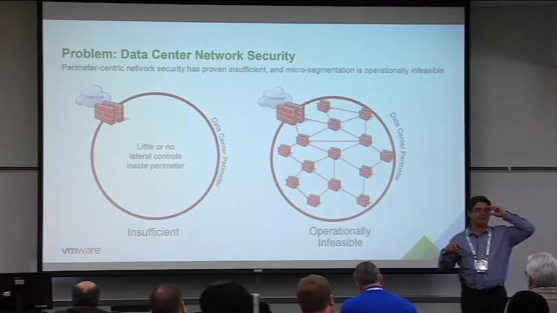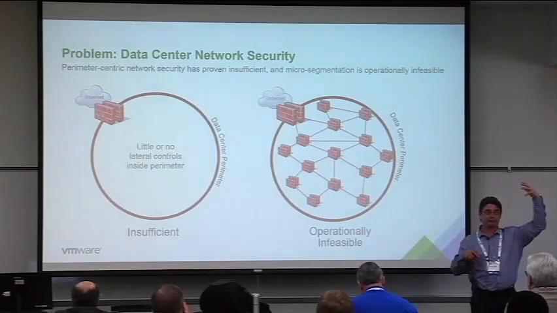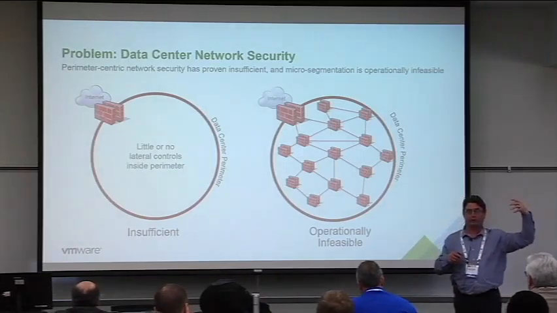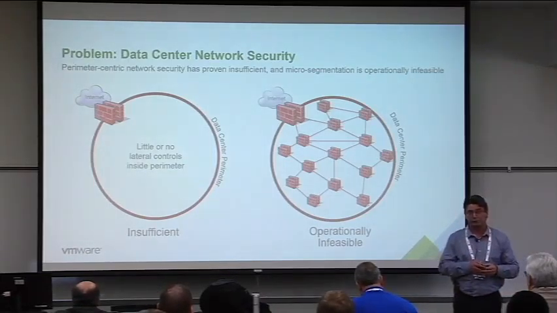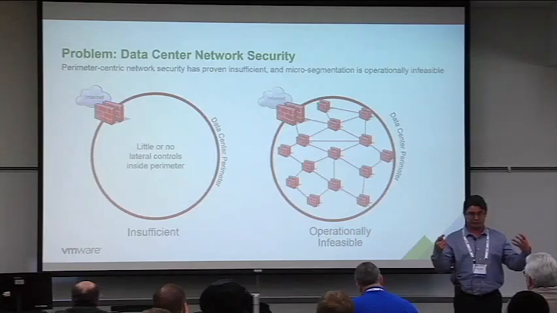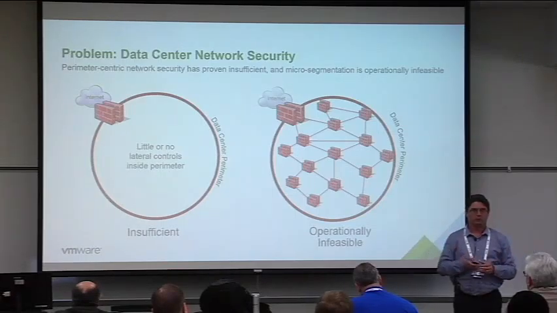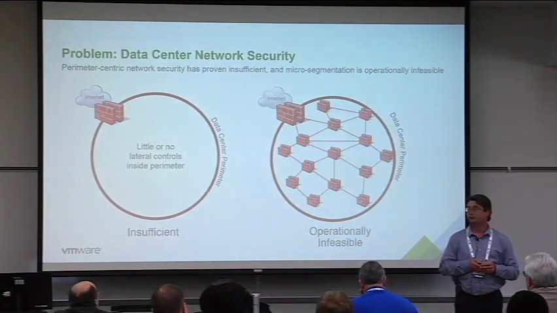If you've got enough money, you can do that because you've got to buy a lot of throughput for those big physical firewalls to be able to handle all your east-west traffic. Gartner says east-west is now 80% of the traffic in your data center. East-west being between two systems inside. Only 20% is actually inbound and outbound to the wide west, right? Most of it stays inside your data center.